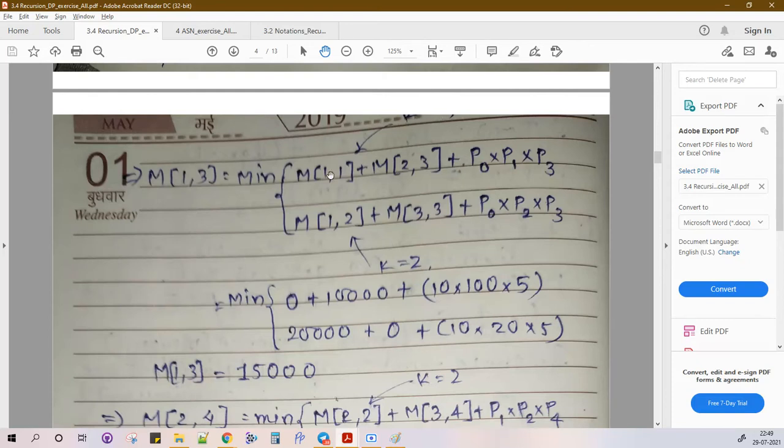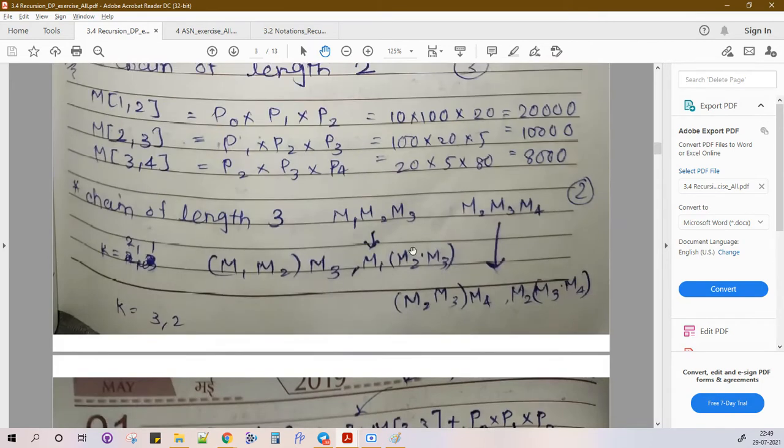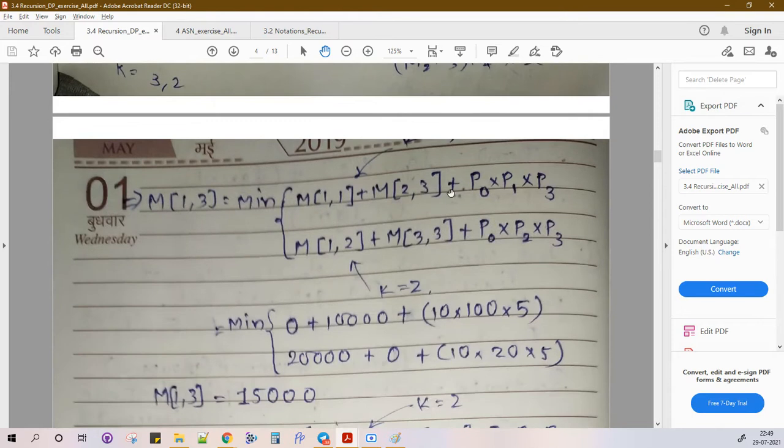If I take k equal to 1, then my first cost is M11 plus M[k+1][j], that is M23, the group number 2, M2 and M3, plus the joining cost, the multiplication cost of these two answers.